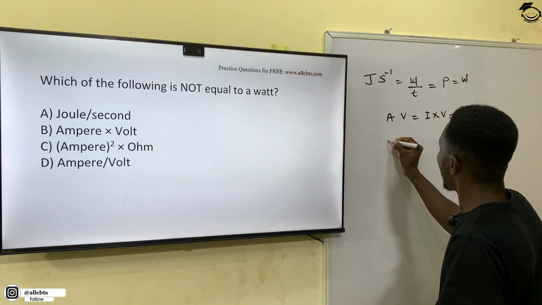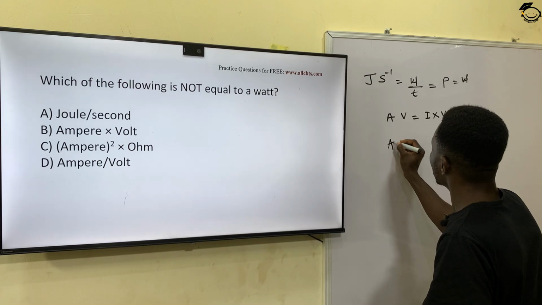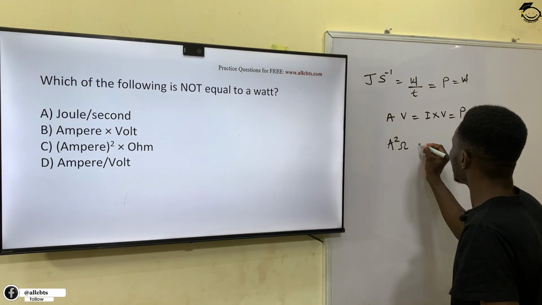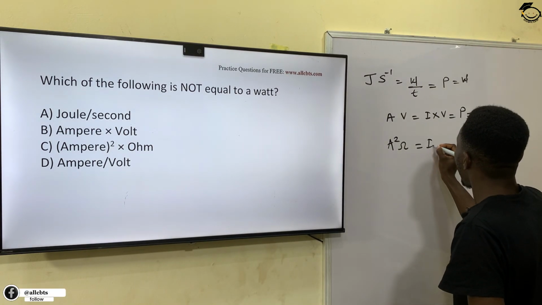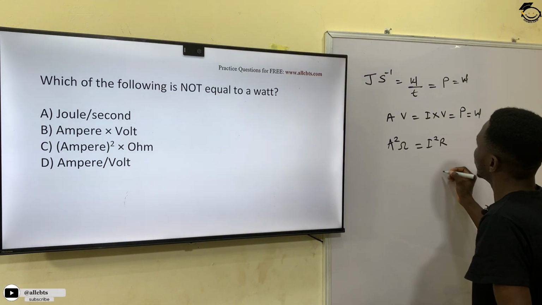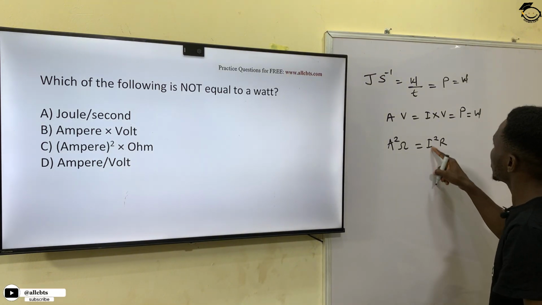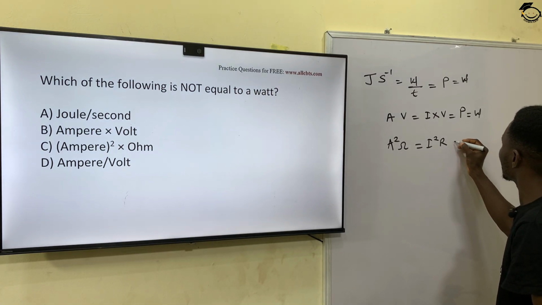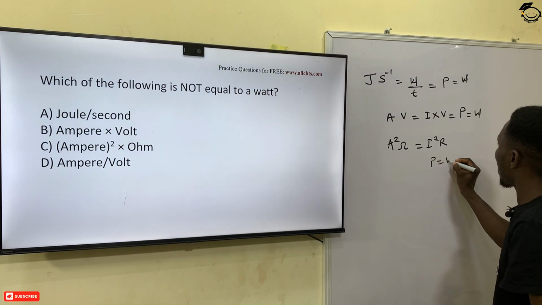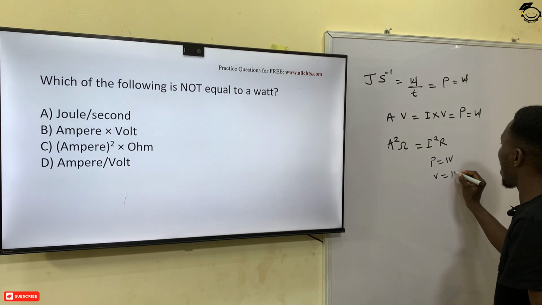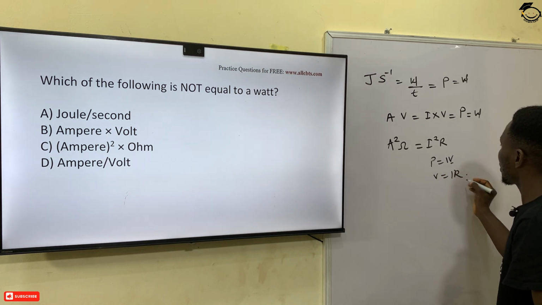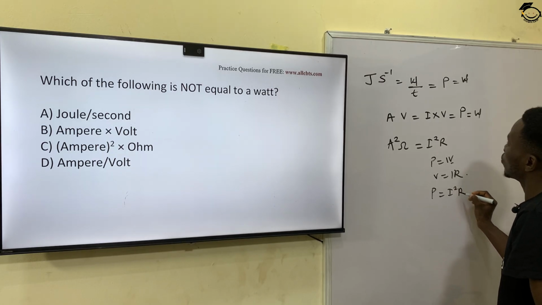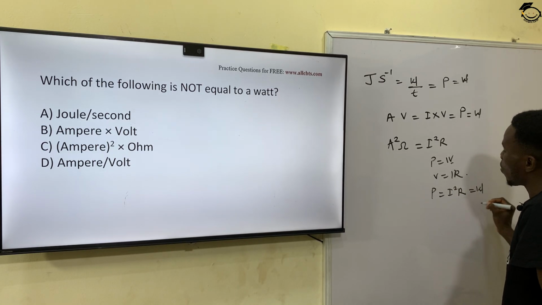This is the same as saying I square R. Ampere square is current square, times resistance. Since we know that P is equal to IV, and we know that V is equal to IR, if I change V to IR, it means that my power is equal to I square R. So this is also equal to watt.